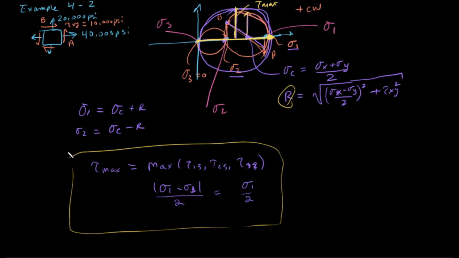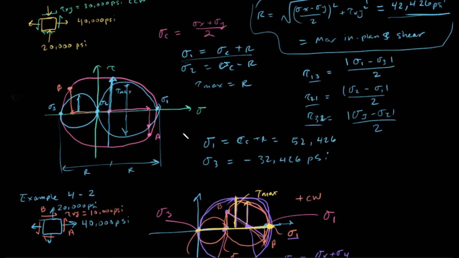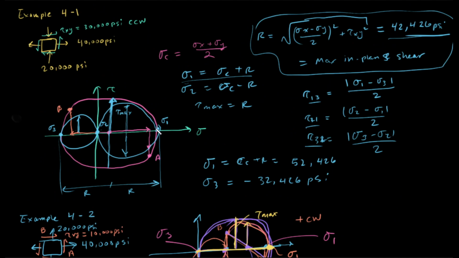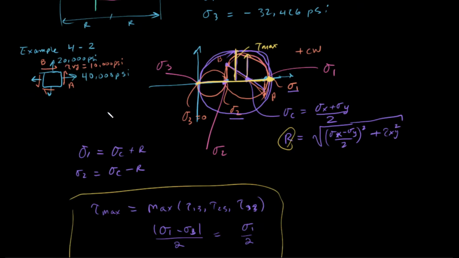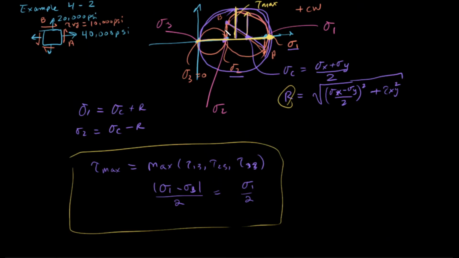When you draw these Mohr circles, you'll get the right answer if you have compression and tension, as we saw in the previous example, because it works out that sigma 1 and sigma 2 give us the radius for the outer circle. In this case, example 4-2, when they're both in tension, we have to consider the third principal stress as 0.